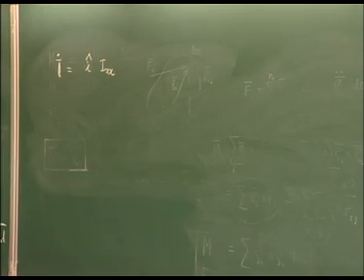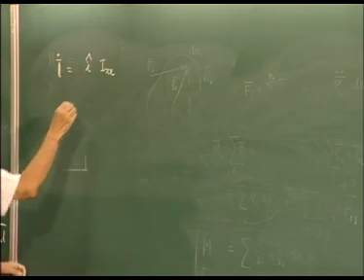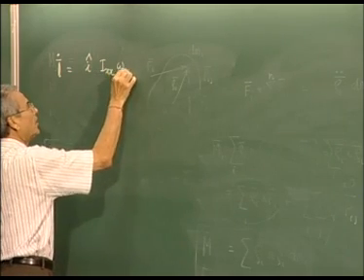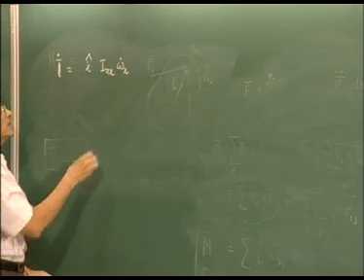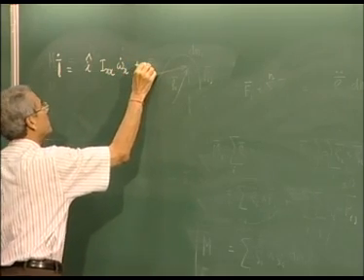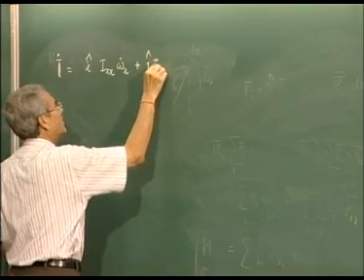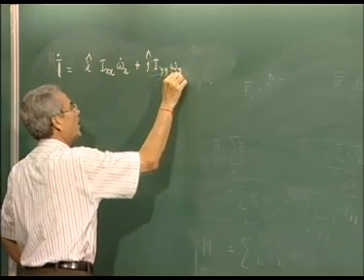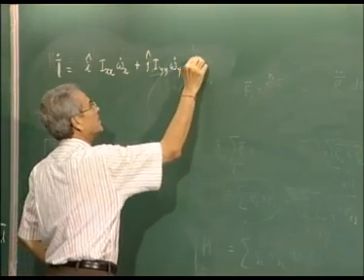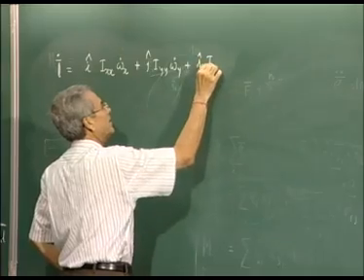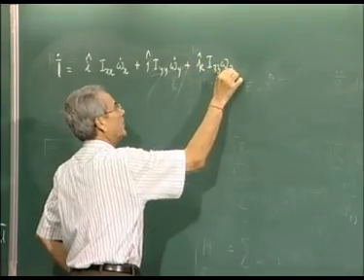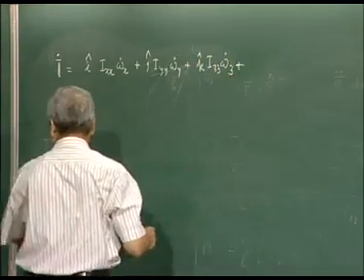When I differentiate this, only this can change. So it will be omega x dot, that is the magnitude of the angular velocity component, plus j Iyy omega y dot plus k Izz omega z dot plus omega cross L.